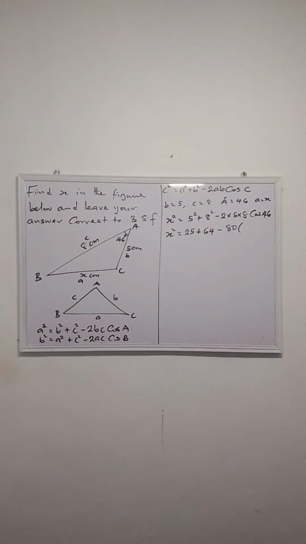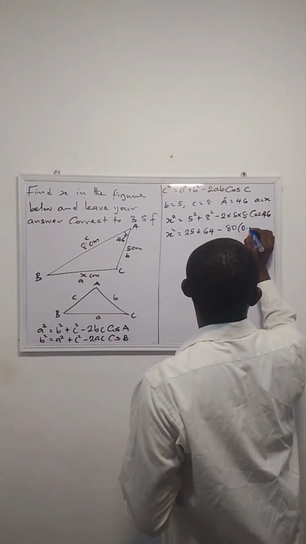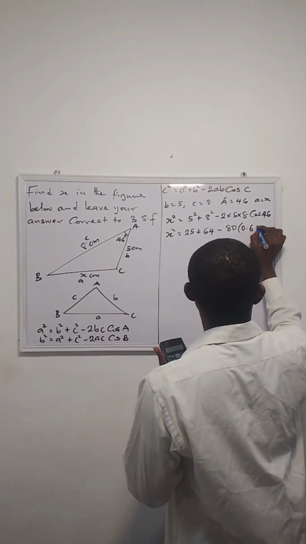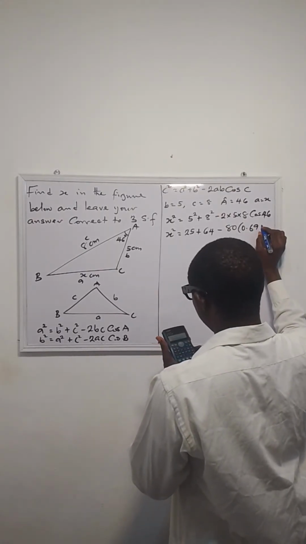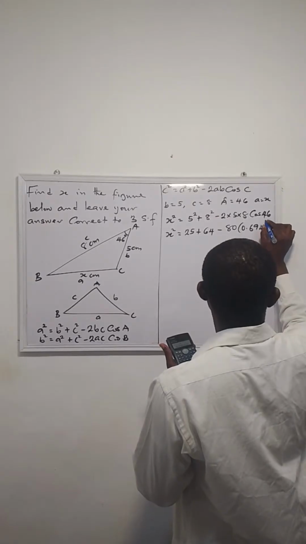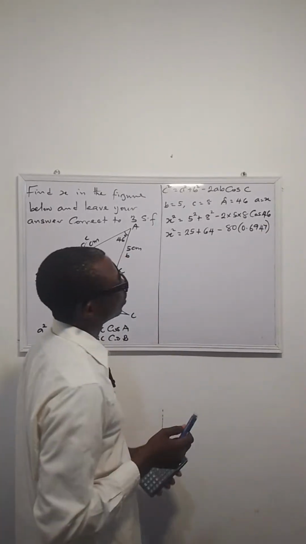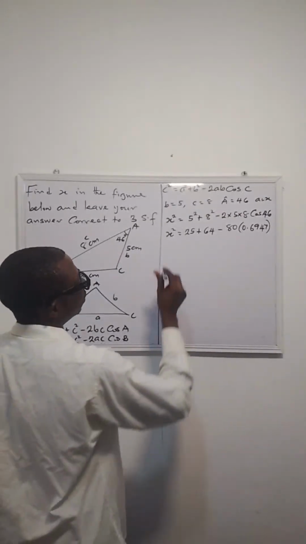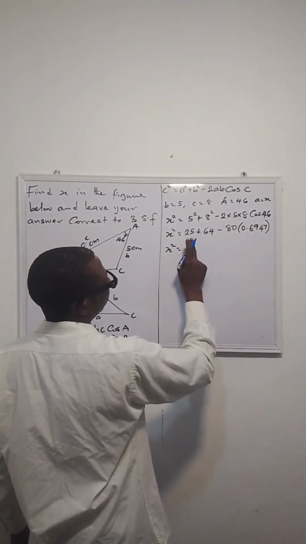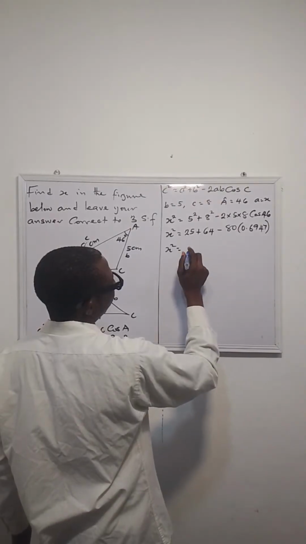Okay, so what we have as cos 46 is 0.6947. So that is what I have here. So we have x squared equals, now when you add this and this together, what do you have?